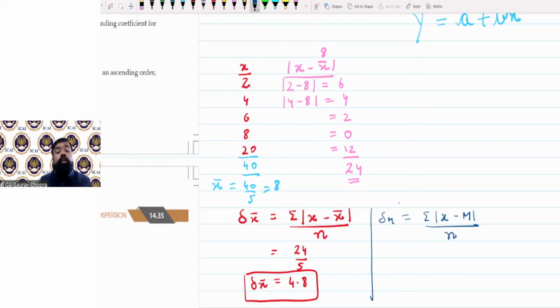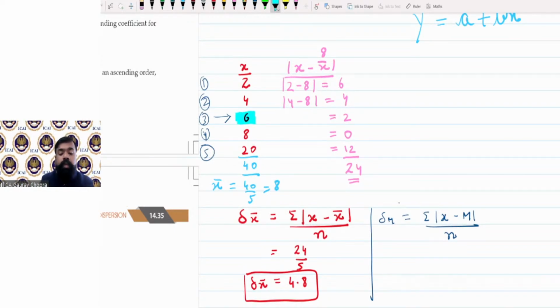For calculating the median, the series must be arranged, and it is already arranged here. There are 5 values in total. The rank will be n plus 1 by 2, so 5 plus 1 by 2, that is the third rank. The value at third place is 6. Therefore, the median is 6.